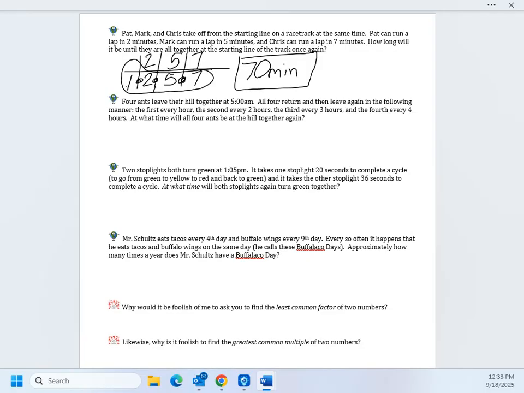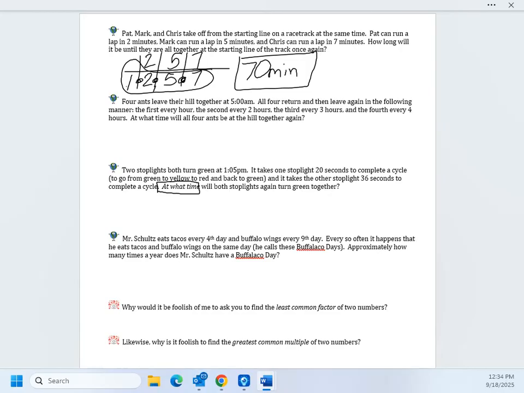The question was at what time, so we would have to take that 70 minutes and add it to the time they started. So always go back when you are looking at your questions, like down here. I see at what time will the stoplights again turn green together? So you might have to do a second step once you find the least common multiple. Check to see if you have to do a second step to it.